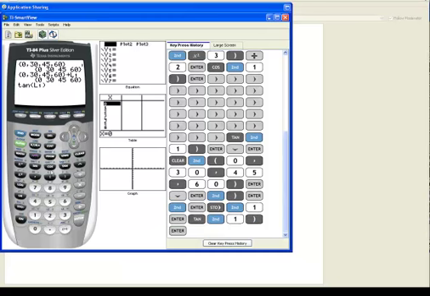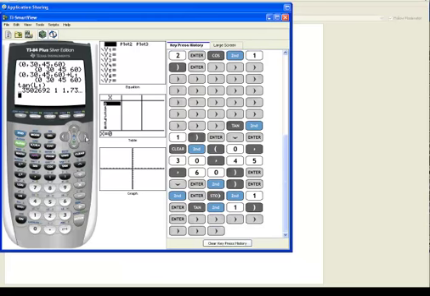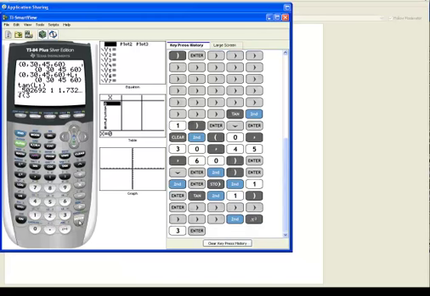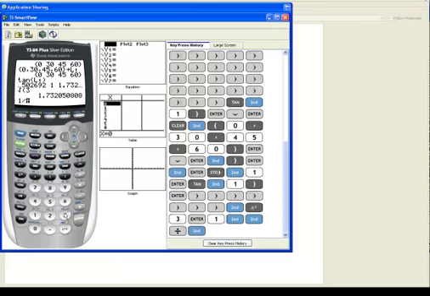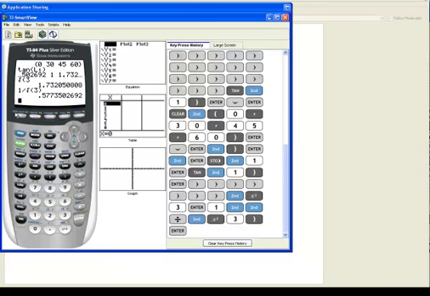And now we finally got it. 0.577, 1, that's at 45 degrees, 1.73. When we look at the square root of 3, that indeed is 1.73. And when we look at 1 divided by the square root of 3, that indeed is 0.577.